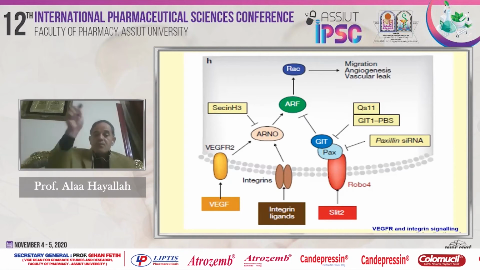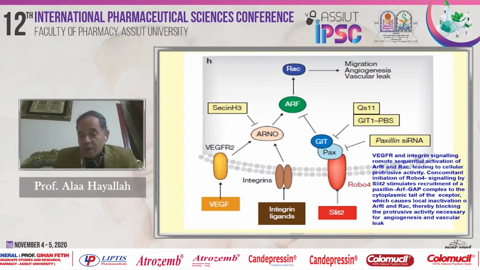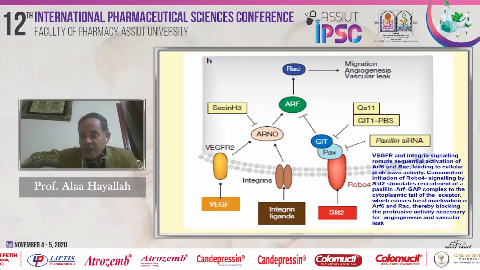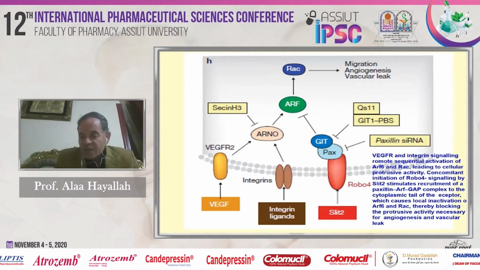VEGFR, vascular endothelial growth factor receptor, and integrin signaling promote sequential activation of ARF6 and RAC, leading to cellular protrusive activity.